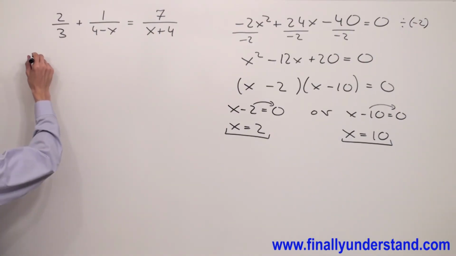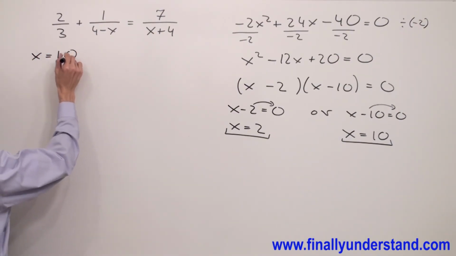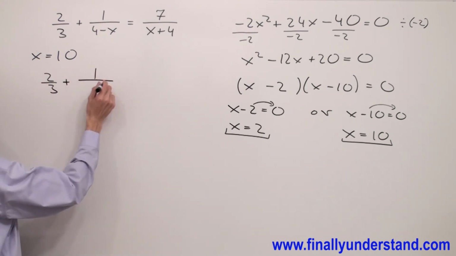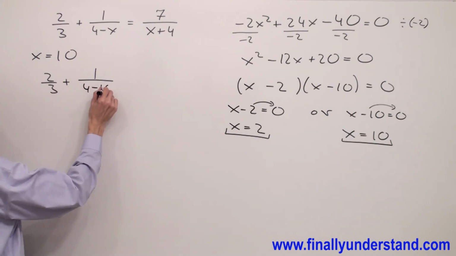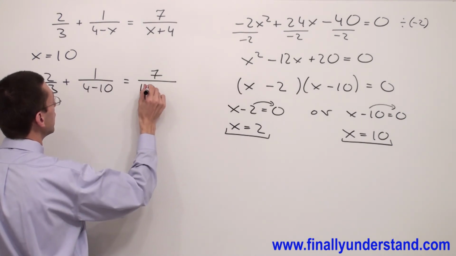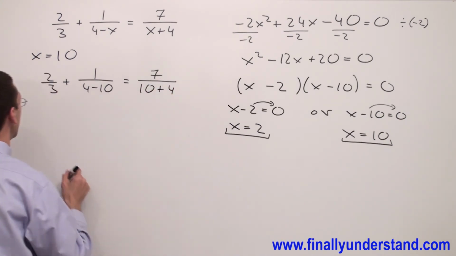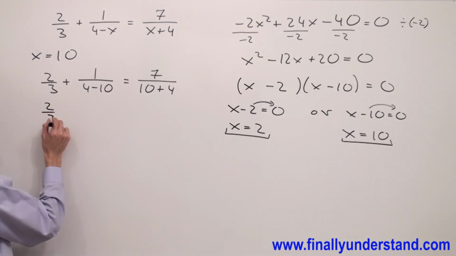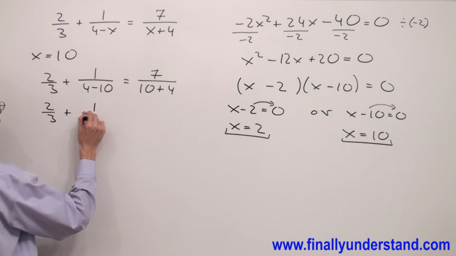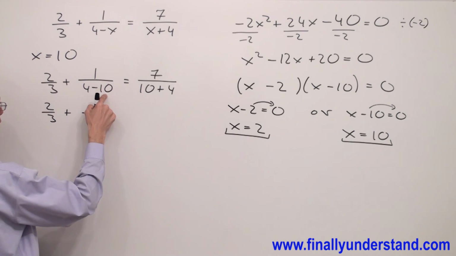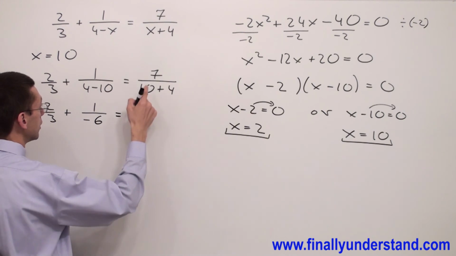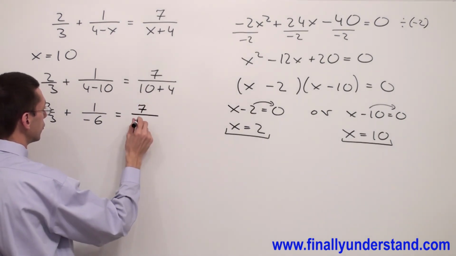Now we're supposed to verify the answer x equals 10. I have 2 over 3 plus 1 over 4 minus 10 equals 7 over 10 plus 4. I have 2 over 3 plus 1 over 4 minus 10, which gives me negative 6, equals 7 over 14.